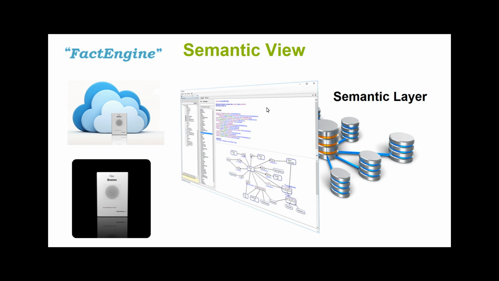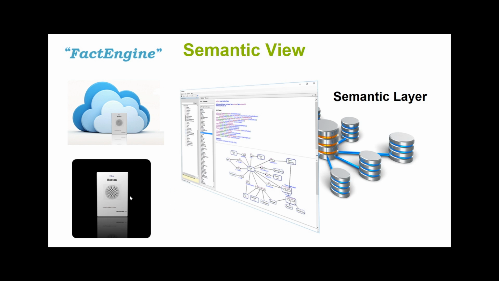We have the natural business language glossary view of the corporate model that's stored in our data warehouse, or we have the object role model view, or the entity relationship diagram view, or the property graph schema view.